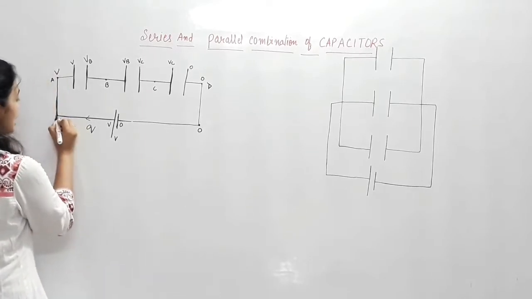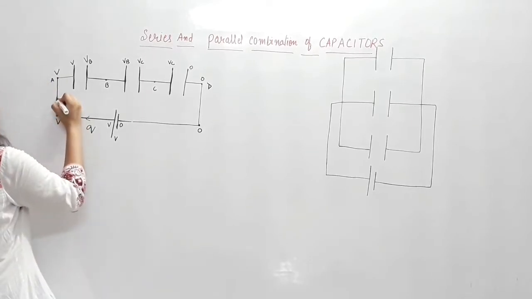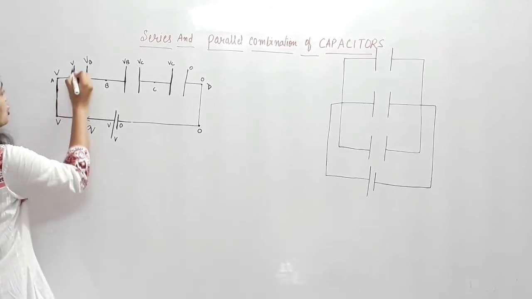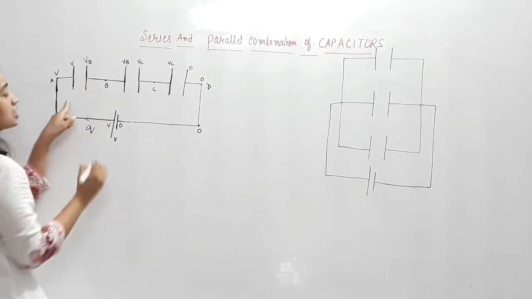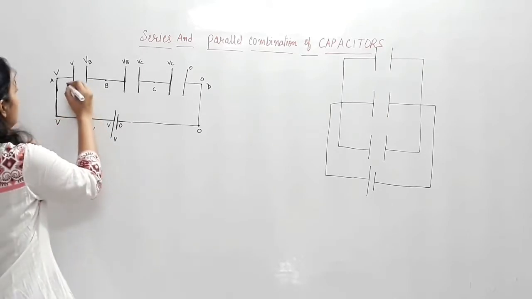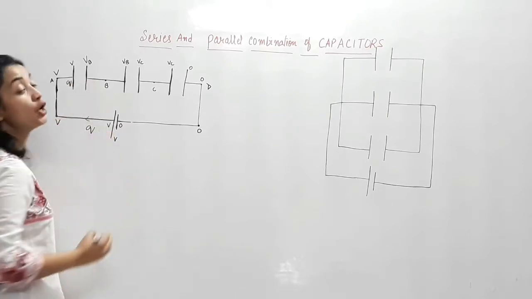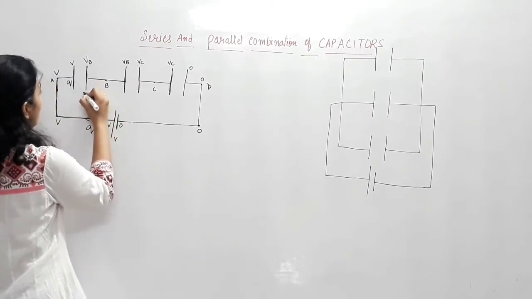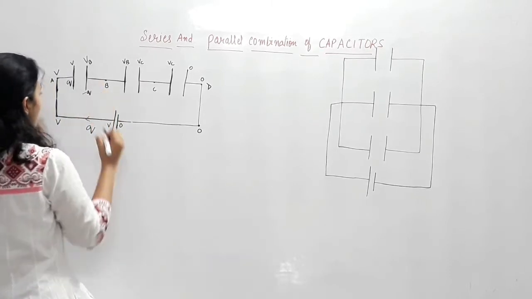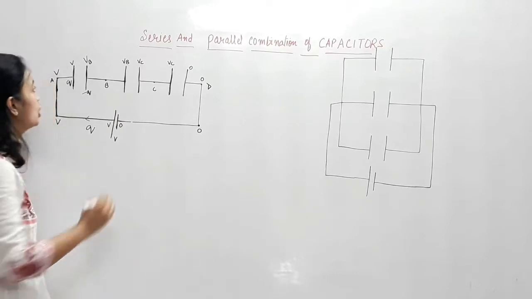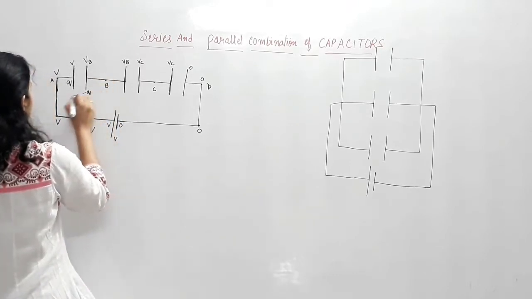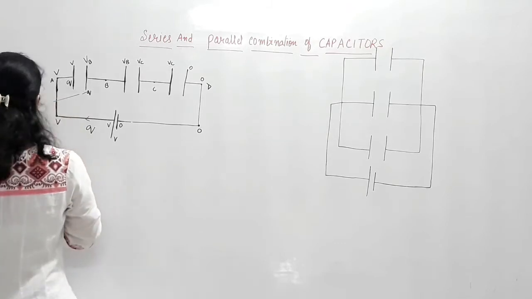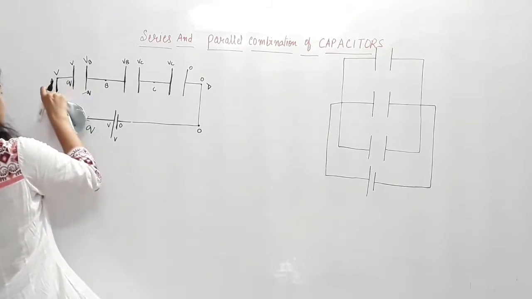The Q charge comes here, bends, travels, goes to the point A, reaches the first plate of the capacitor, and here the charge distributed is Q coulombs. Automatically by induction, the other plate will have charge minus Q, and this is by induction basically.